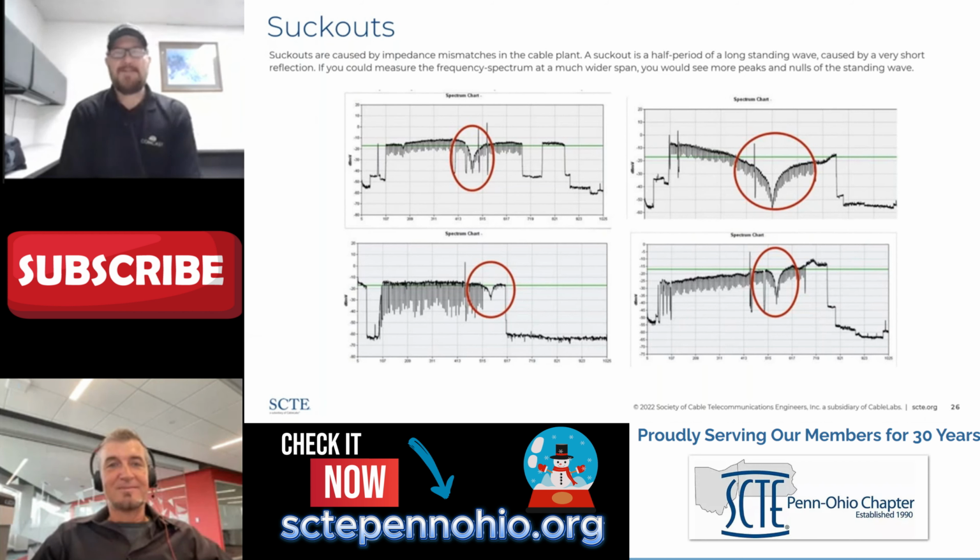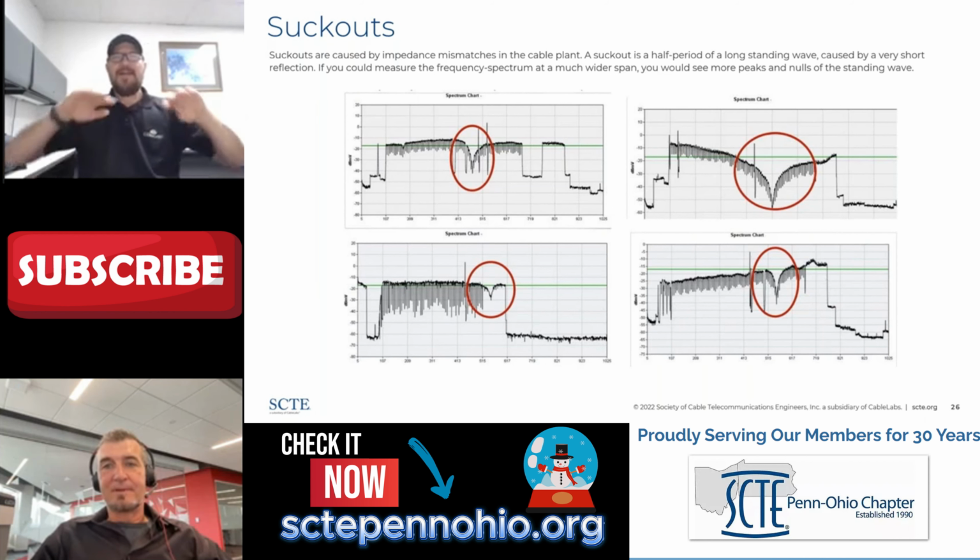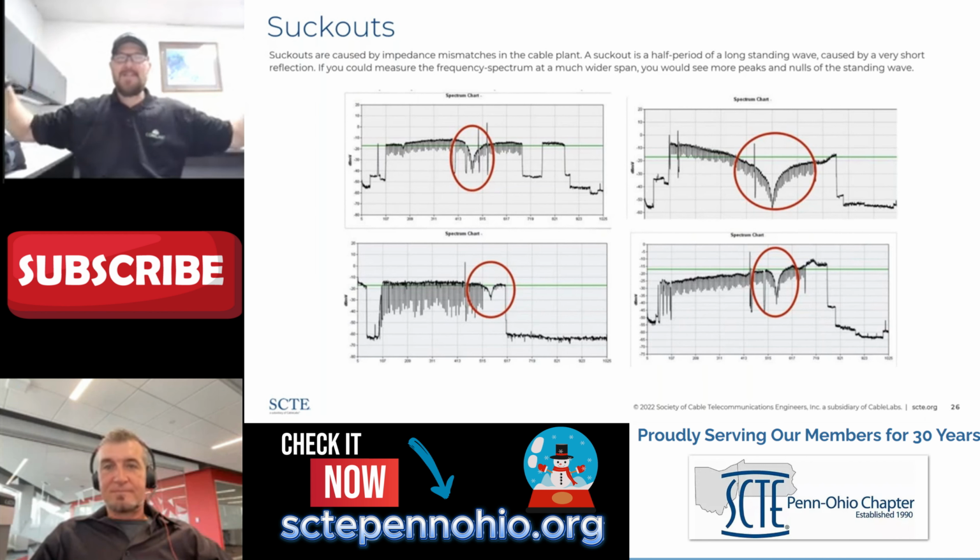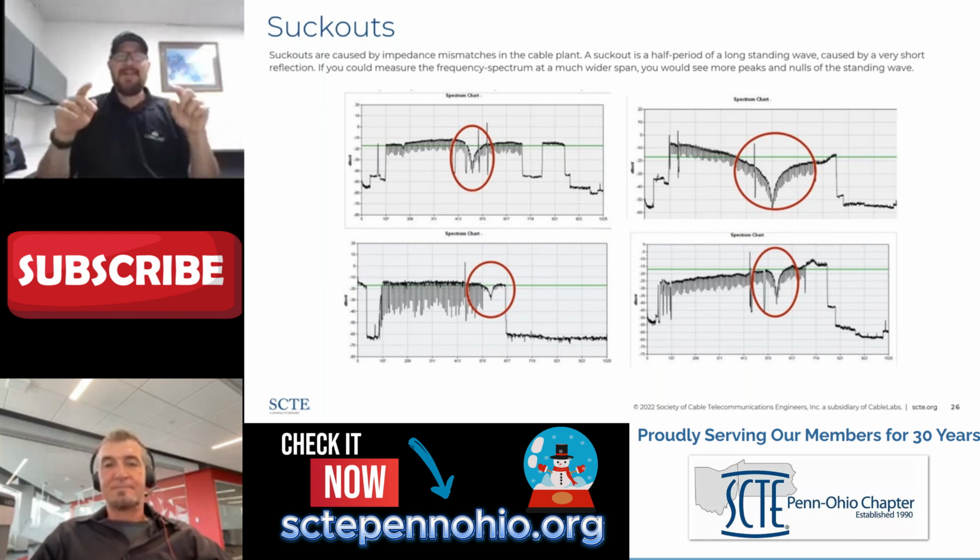This is super fascinating. Once I learned what actually causes this, when I look at a suckout, I think really big standing wave. We just can't see the other nulls, right? And when we look at standing waves, we see a bunch of mini suckouts. So there's an interesting relationship there.